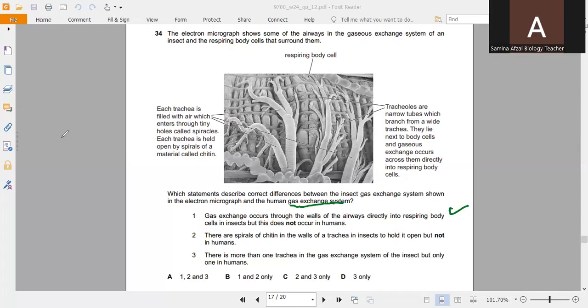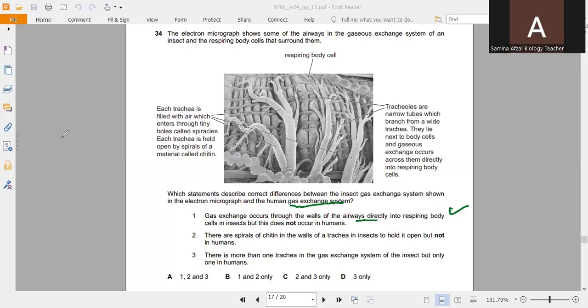The trachea is divided into bronchus, bronchus into bronchioles, and bronchioles further into balloon-shaped alveoli. So this statement is correct because they are different.